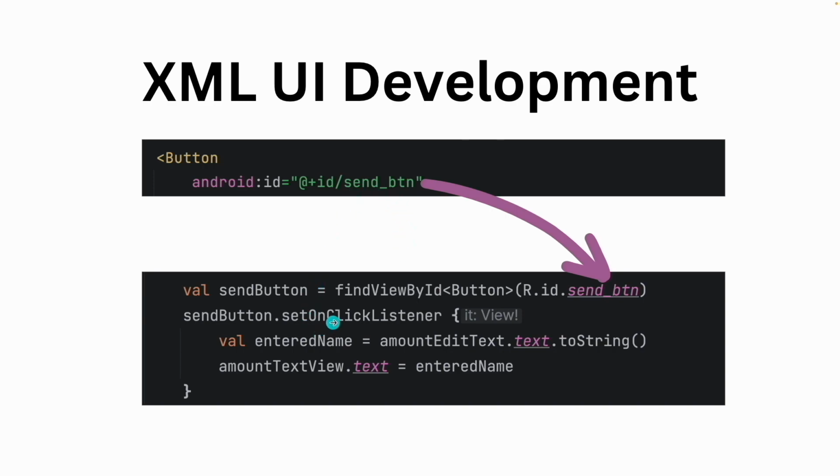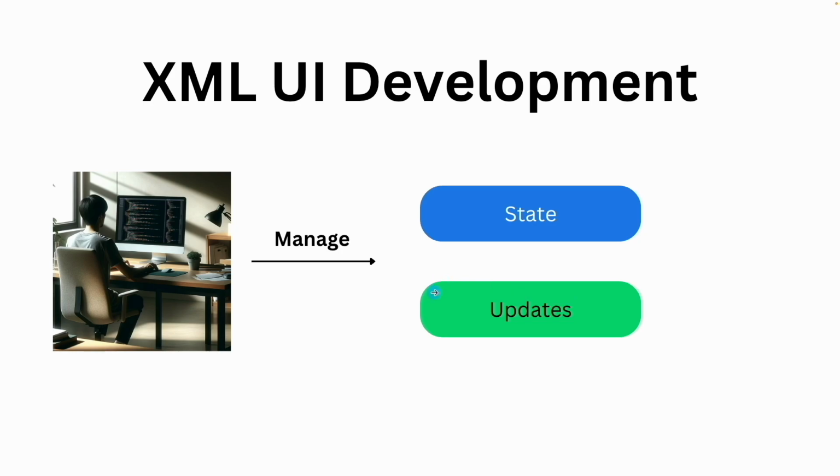So in this case, we are setting an on click listener on this button, and whenever this button is clicked, we retrieve text from this amount edit text, and then we apply that text to this amount text view. So this is how UIs were created and updated using XML. So this approach requires developers to manage the state and its update by ourselves.